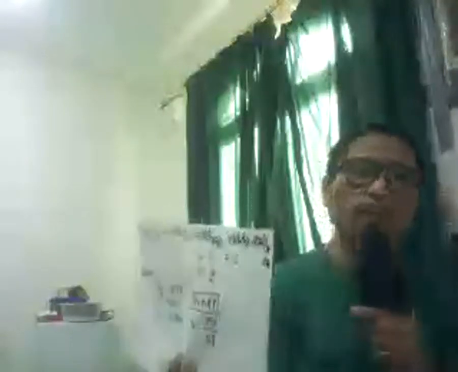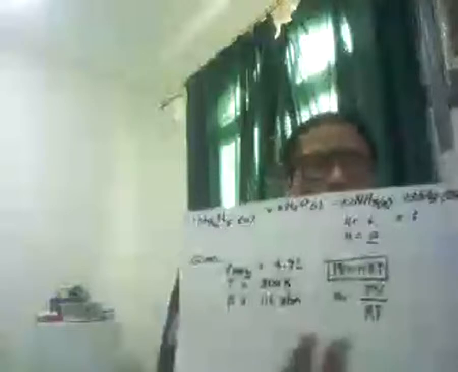Okay, substituting values now. We are ready to solve for the value of n so that we can solve for the grams of magnesium nitride needed in the reaction. So substitute. Pressure is 1.6 atmospheres. Volume is 4.7 liters.